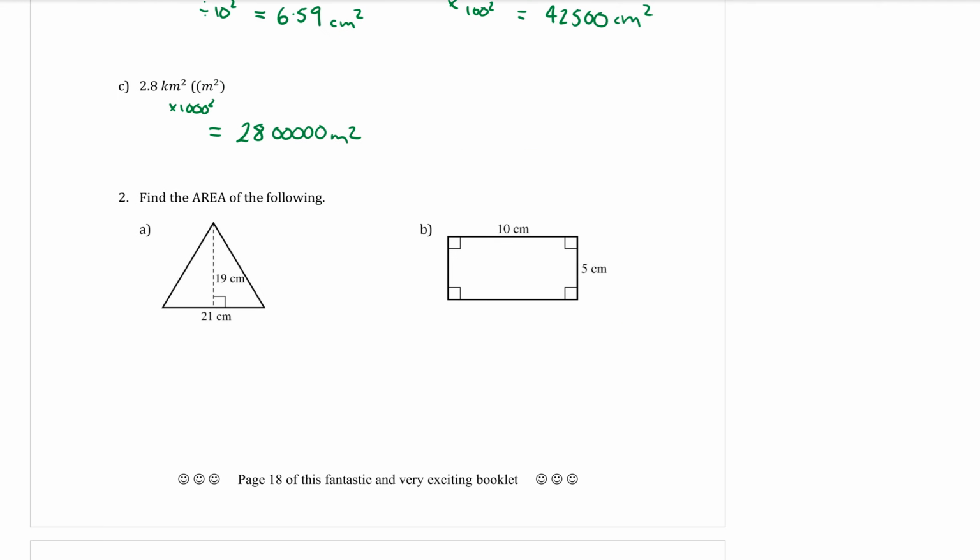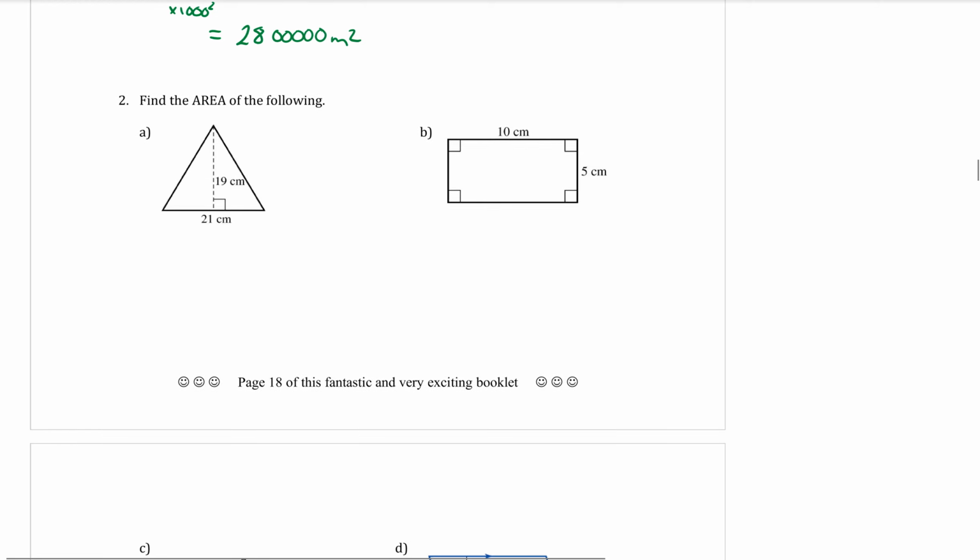Alright, now we get on to area. So I need you to write the correct formula down first. So this shape is a triangle. You have that table with all the formulas on it. The formula for a triangle is A equals half BH. Now the base and the height are the two sides that are connected by a right angle. So it's going to be half. Now I like to put multiplication signs in when there's numbers in there.